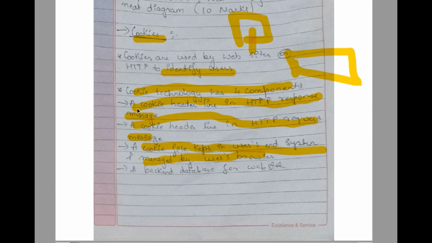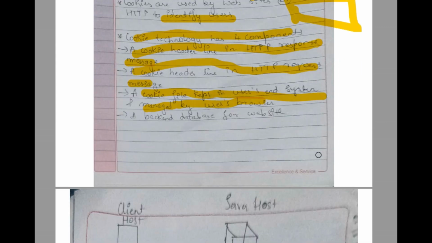What is this? A cookie header line. Whenever an HTTP response message is sent, a cookie is included in that HTTP response message. Whenever an HTTP request message is sent, the cookie is included in that HTTP request message.